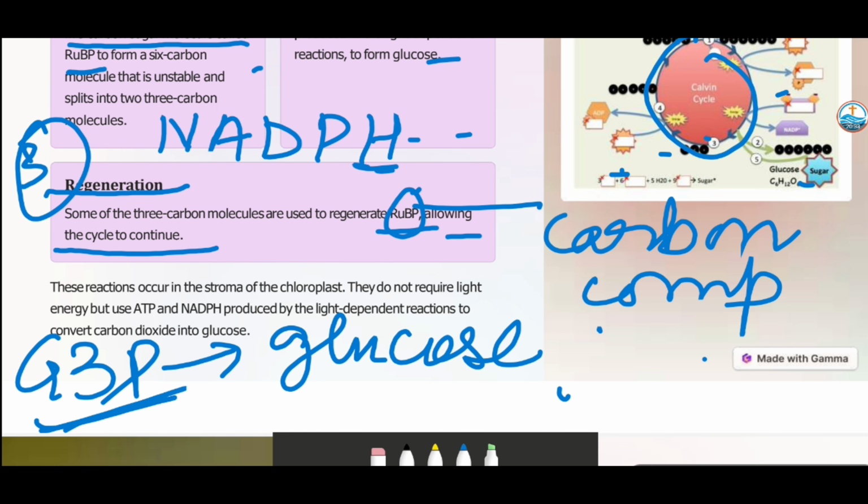It will turn 6 times to form one molecule of glucose. So in other words, you can say that the Calvin cycle indirectly or directly depends upon the light reaction, because we are getting ATP and NADPH from there, which is used here.